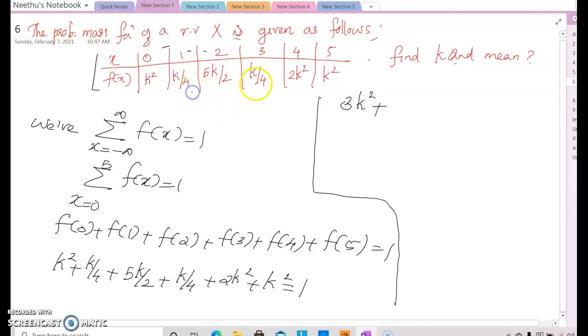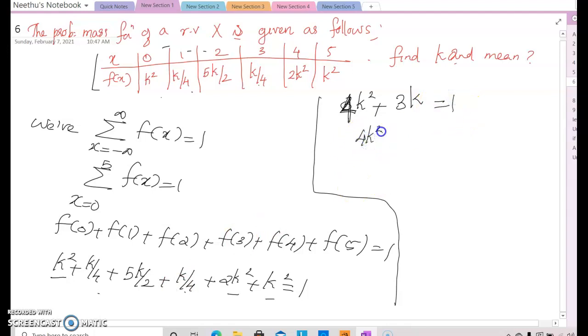Plus k by 4 plus k by 4, 2k by 4, that is k by 2. k by 2 plus 5k by 2, 6k by 2, എന്ന് പറഞ്ഞാൽ 3k. So 4k square plus 3k is equal to 1.